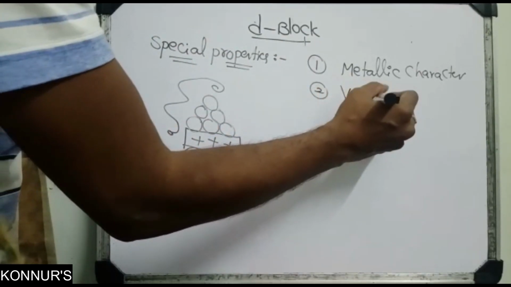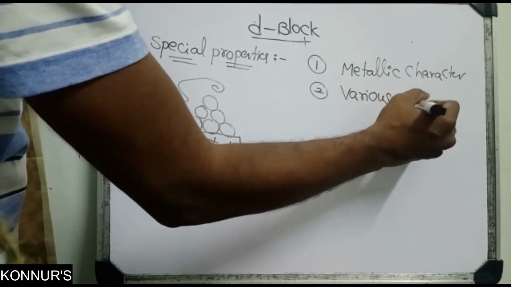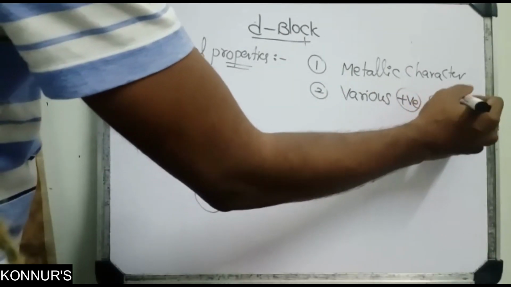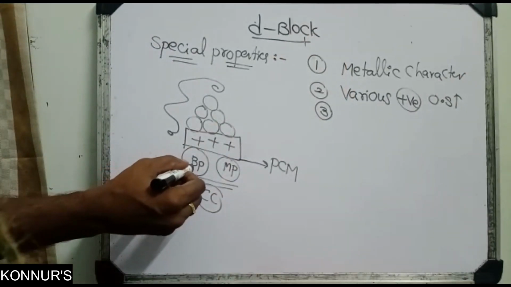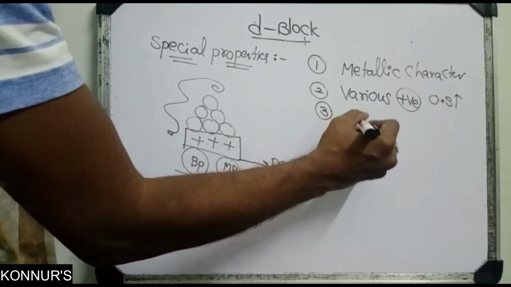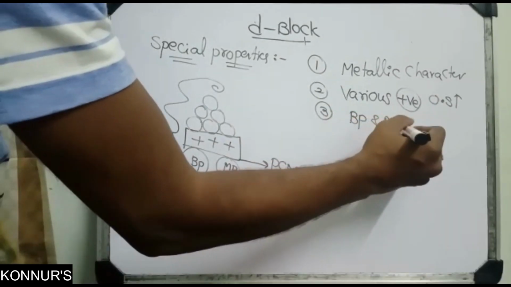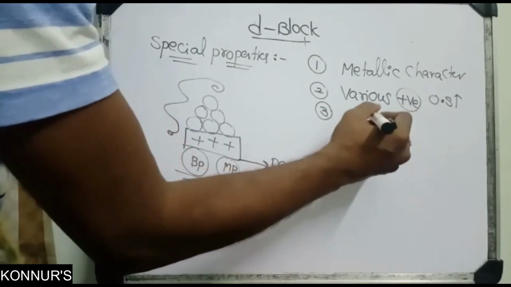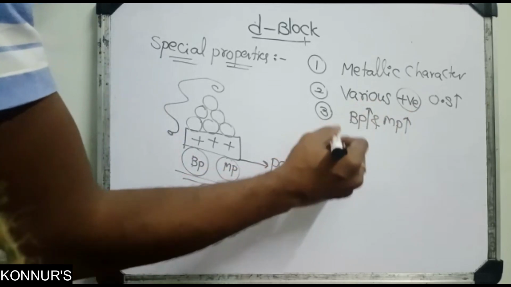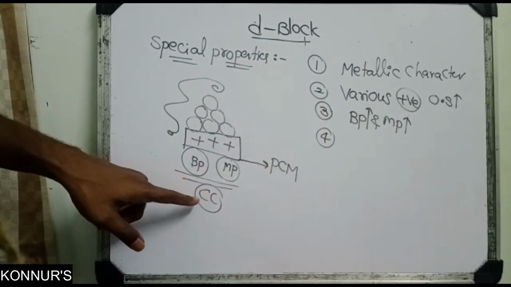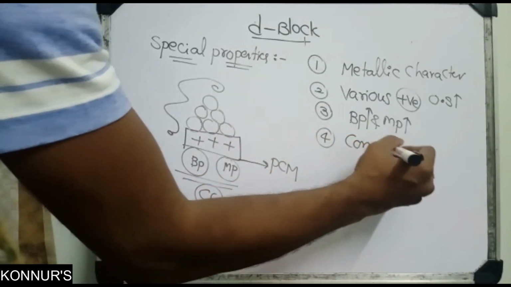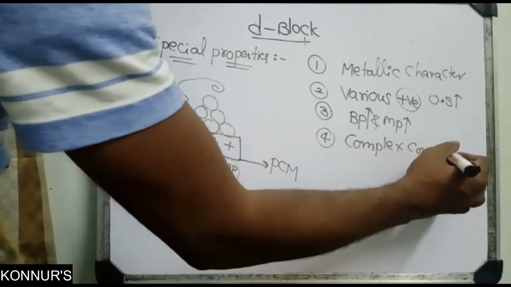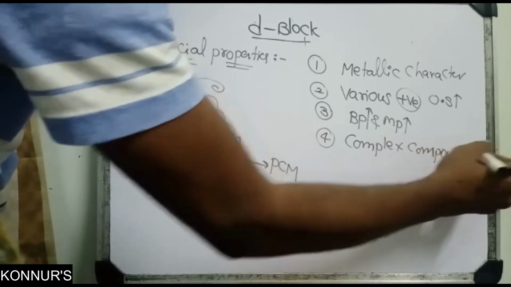That is the speciality. Next, the boiling and melting points are very high. Next, it is moving on the CC road, we told. CC means complex compounds. These form a variety of complex compounds.